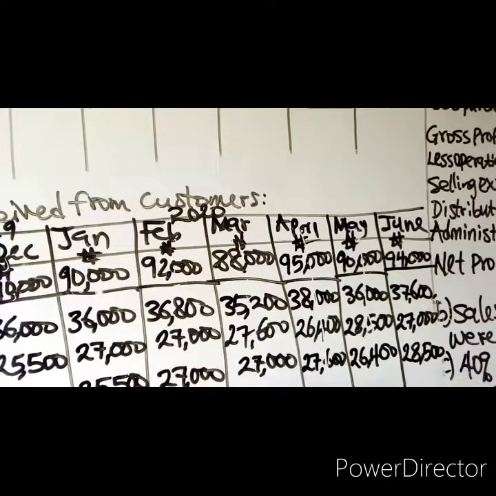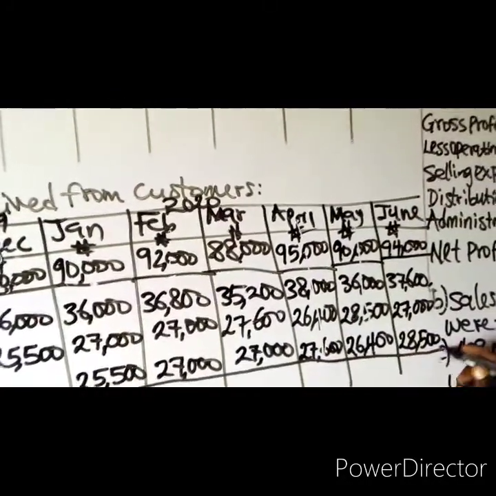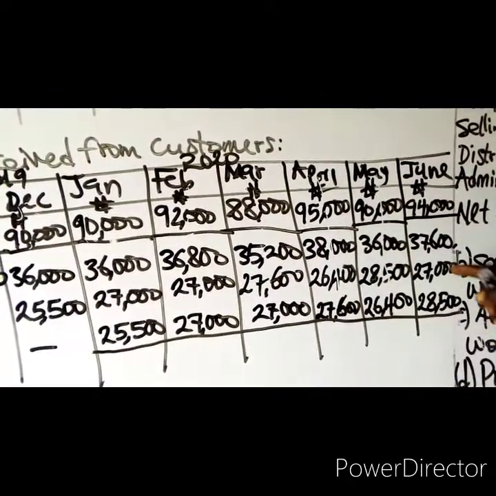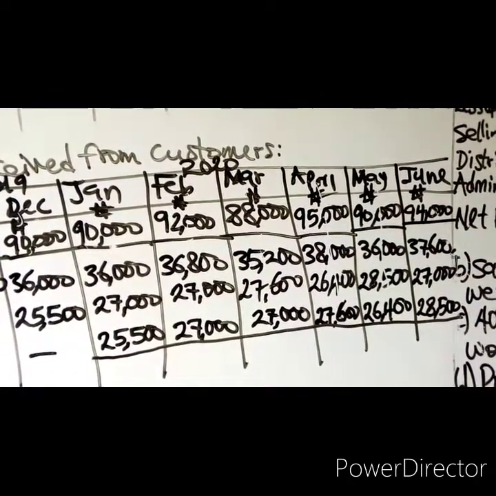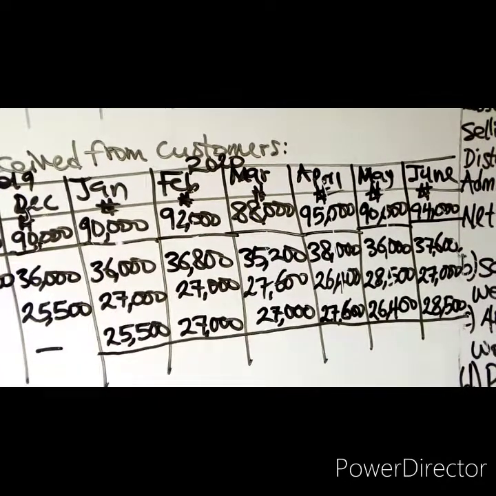So you now sum it up, in order to get the amount of cash you have received from customers for each of the periods. So for June 2020, you have 37,600 plus 27,000 plus 28,500.